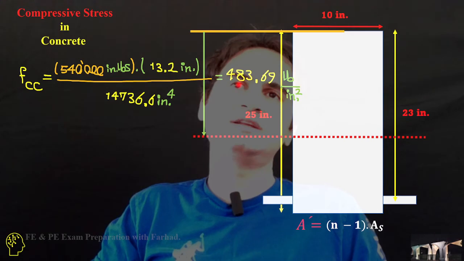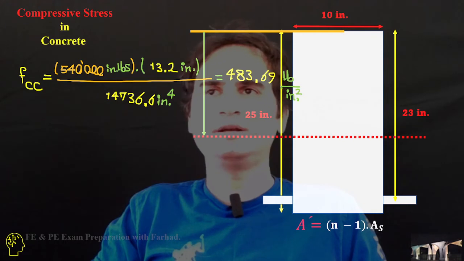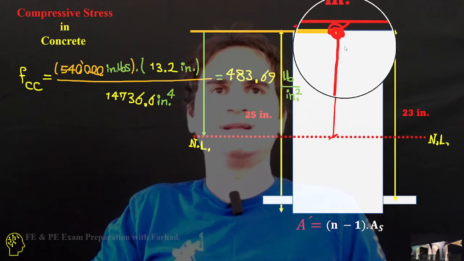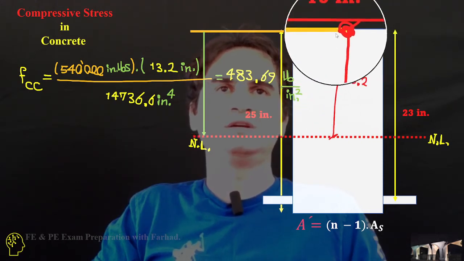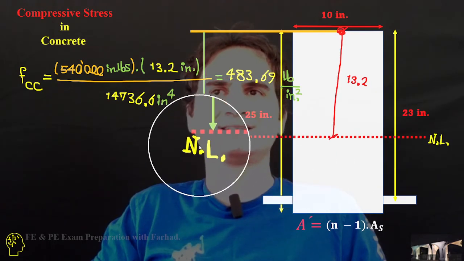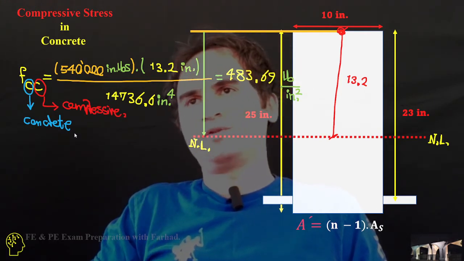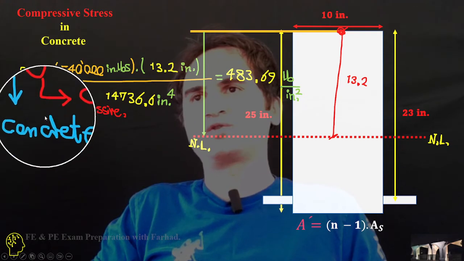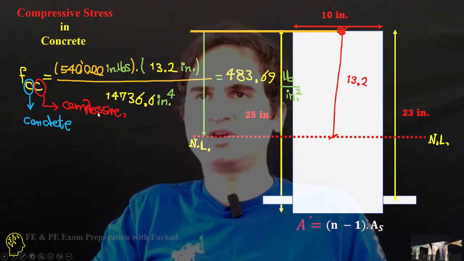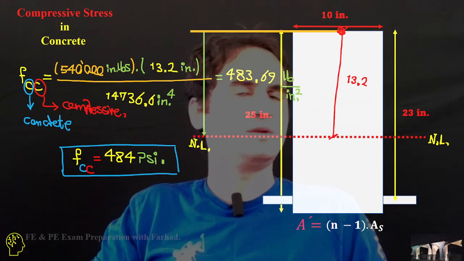If you calculate it, it's 483.69 pounds per square inch, calculated from the distance from the top of the section to the neutral axis. FCC stands for stress in concrete, compressive. So the compressive stress in concrete is almost 484 psi.